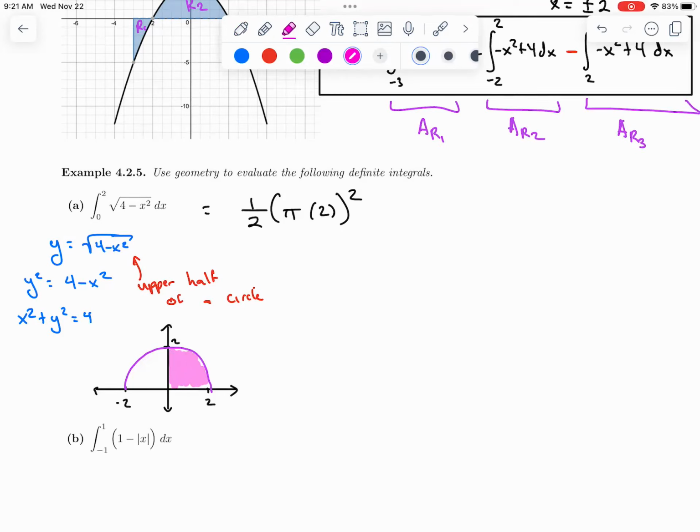Apologies. Area of a quarter circle. So it shouldn't be 1/2, it should be 1/4, which is just pi. So the area of that region is pi.